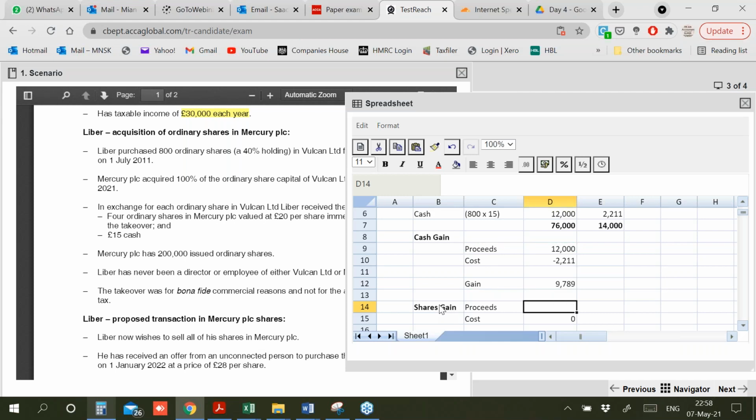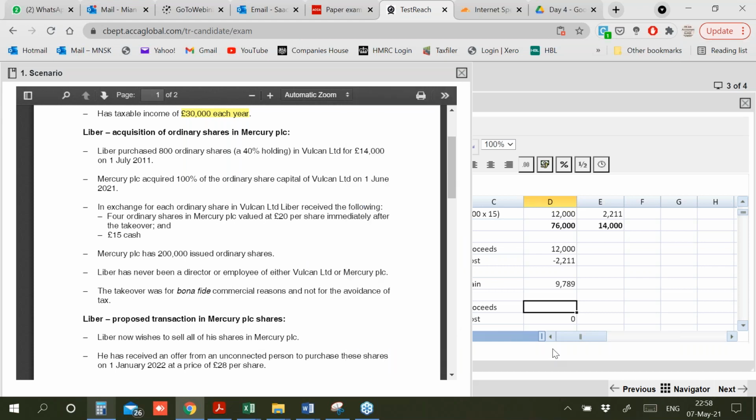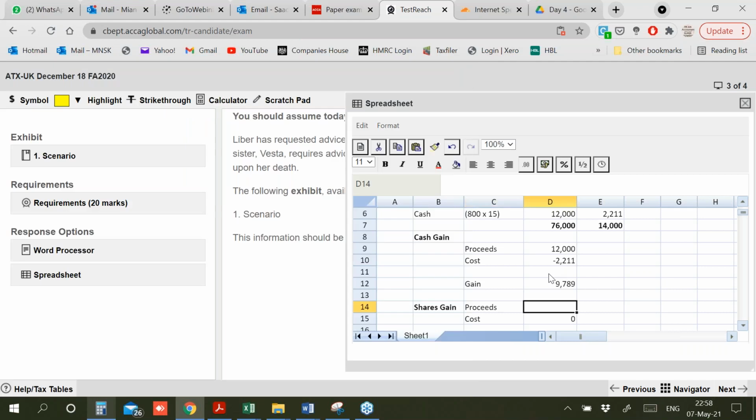If she sells the shares immediately to that unconnected person who has given her the offer of 28 per share and does not wait for Janus, then her proceeds will be 28 pound times the number of shares she has received, and those were 3,200 new shares. So her proceeds will be 89,600.